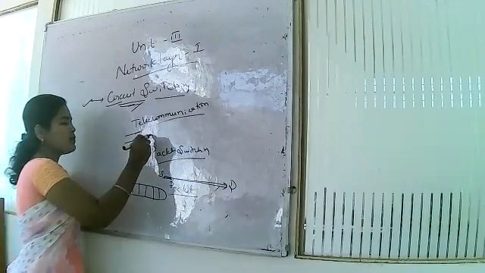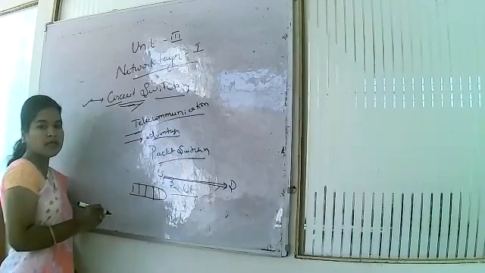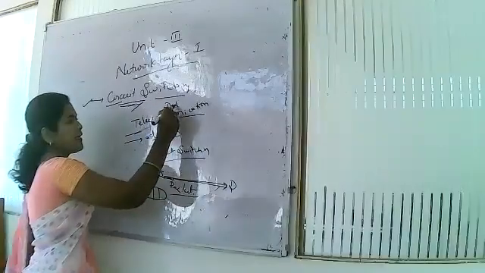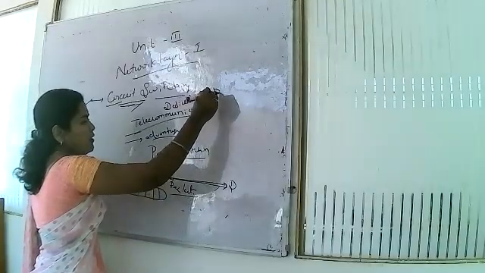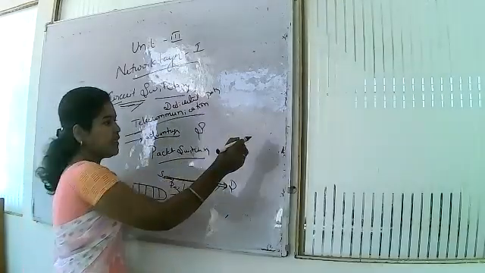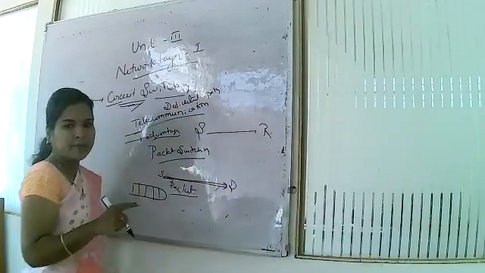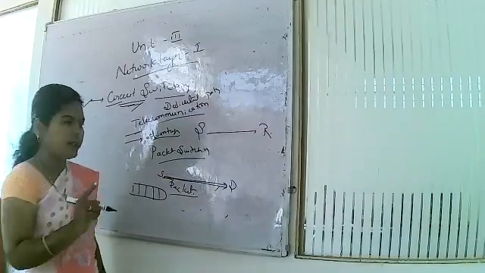So, what is the advantage of this? We have a dedicated path between the sender and the receiver. The dedicated path will be terminated when the data which you want to send is completed.